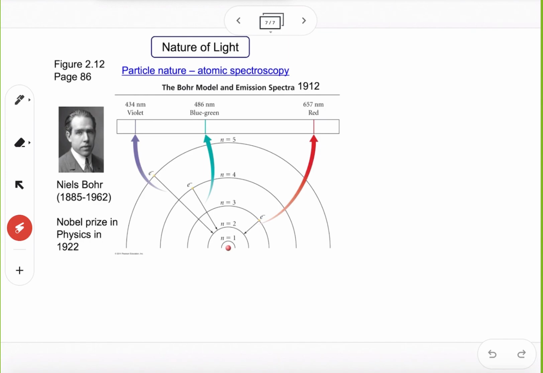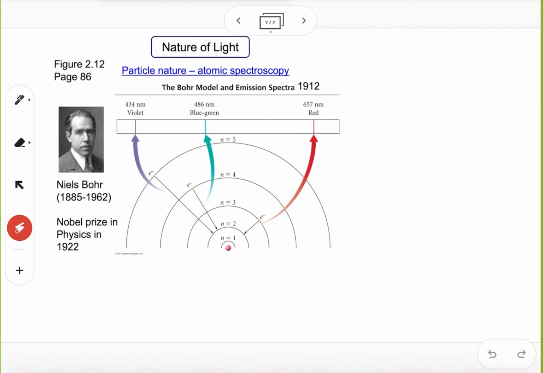He did some calculations and identified the possible model of the hydrogen atom, and based on his model, the atomic spectroscopy of the hydrogen atom can be well explained.